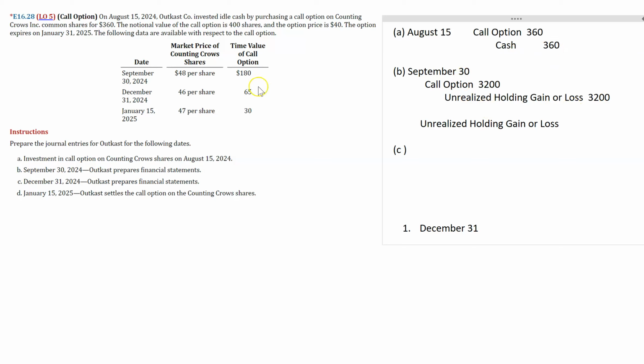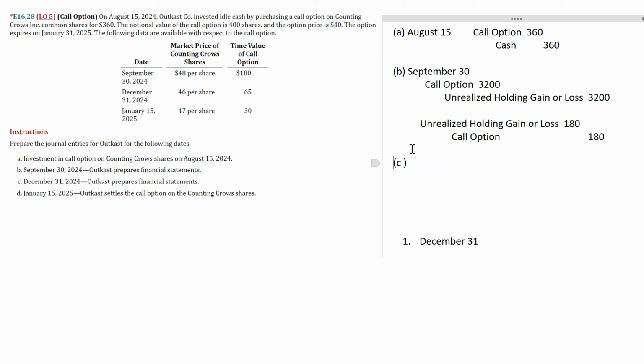It's the difference or option price time value reduced by 180 debit, and we will also credit or reduce the value of the options. So call option also 180. So this is how we adjusted the value of the option, and we showed the impact recording unrealized holding gain or losses. We will do the same thing on December 31st.